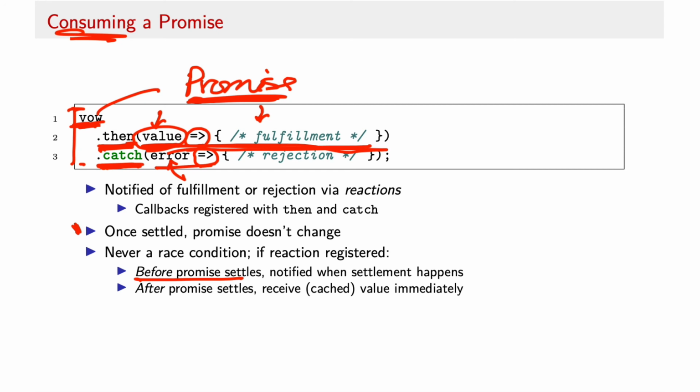On the other hand, you might try to call your code after the promise settles, because the promise settled right away and then you went off and did some other things and then did a .then. Well, in that case, the result from the promise is going to be stored away by the promise mechanism, and when your code finally does run, it's going to be notified of that cached value. So no matter what ordering takes place here between the asynchronous operation and maybe your main thread of control, everything's going to still work properly.